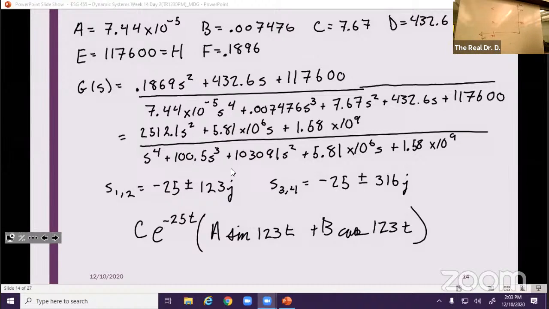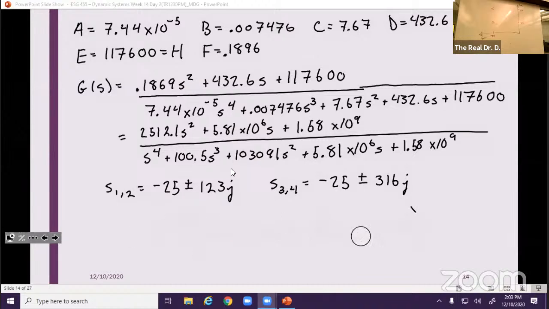Now, here's another question. What is the time constant for this system? He's always asking us about the time constant. It's tau, not 1 over tau, it is tau.